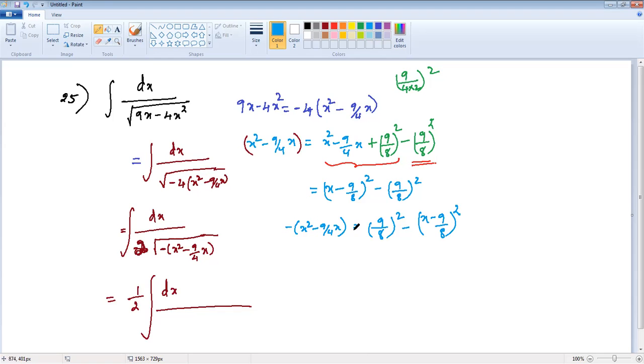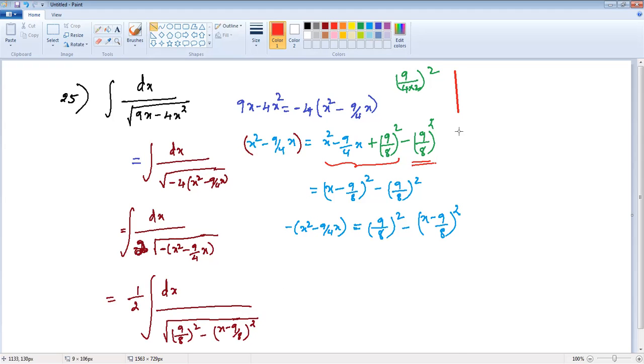So you are getting it as, substitute here, square root of 9 by 8 the whole square minus x minus 9 by 8 the whole square. Either you can substitute t and proceed, or even directly you can write the answer.